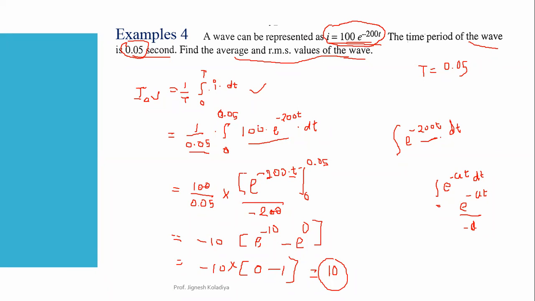Now 100 is constant, so it is written outside the integration. Now the integration of e raised to minus at into dt is e raised to minus at upon the constant, minus a.